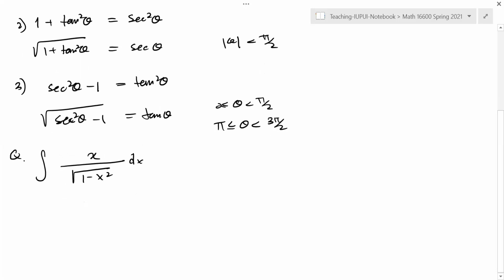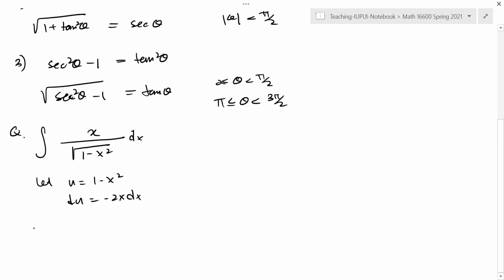You can let u be 1 minus x squared. The reason I want to use this substitution is that du is going to be negative 2x dx.